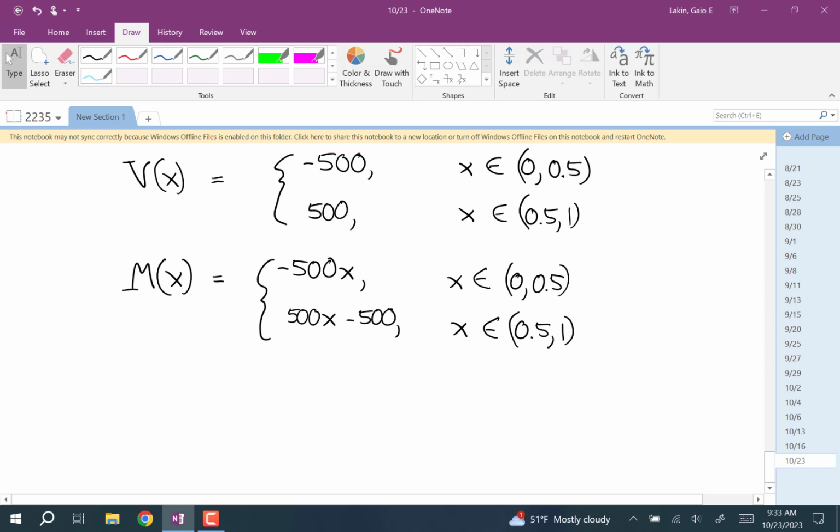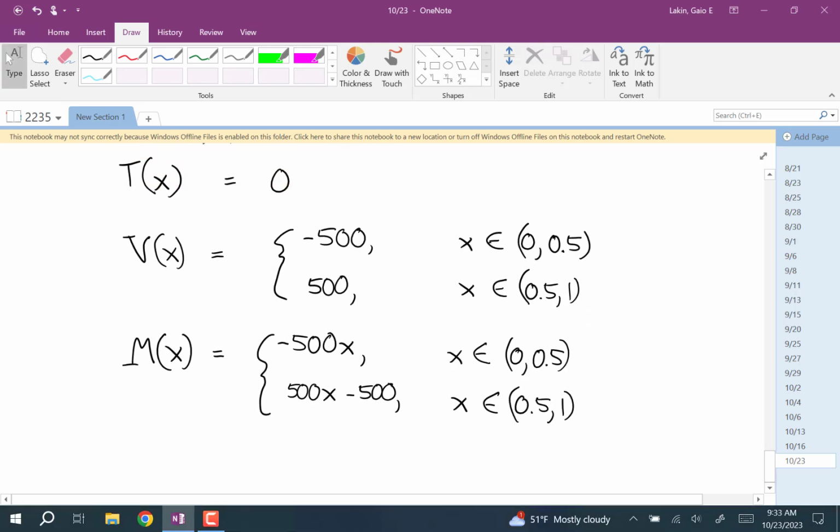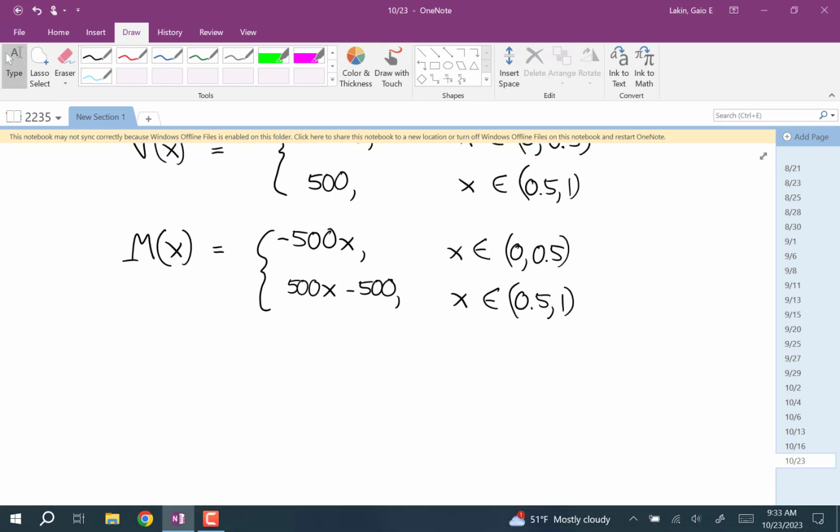Well, if you want to visualize what's going on, you could graph these. That would be sort of an obvious thing to do. So let's think about what these look like. So the tension as a function of x, let's say that this is the point 1. It's just 0 the whole way.